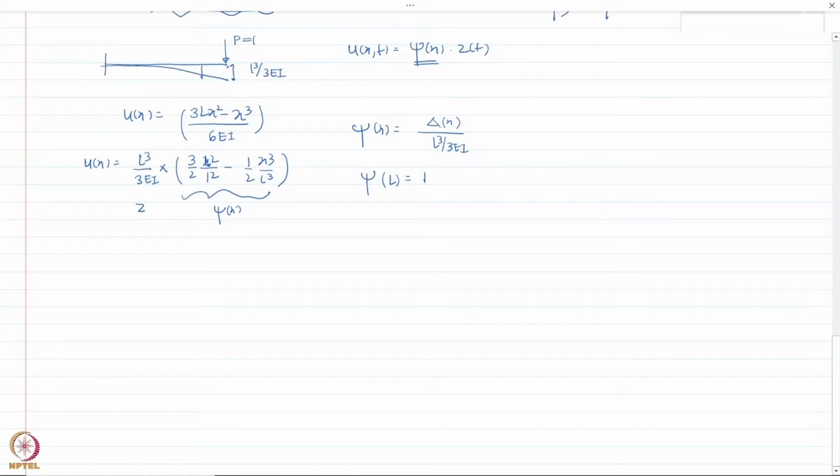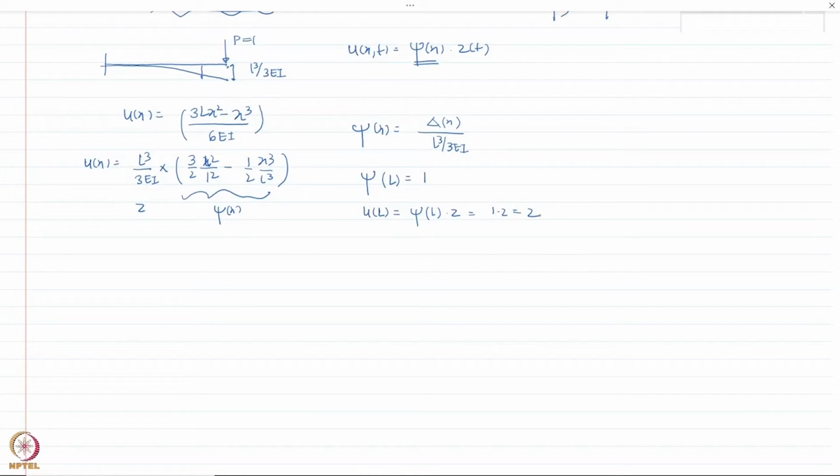If we do that, then u(L) becomes phi(L) times z, which is equal to 1 times z. So if I normalize it, then my deformation becomes the generalized coordinate at that reference point. So I have done it with respect to the end deformation here.